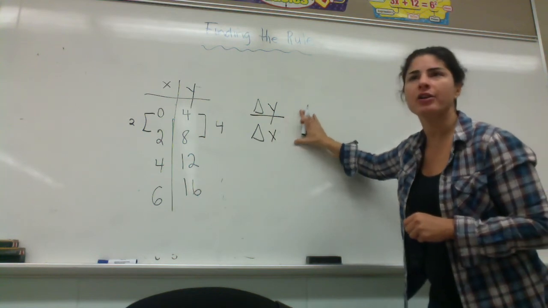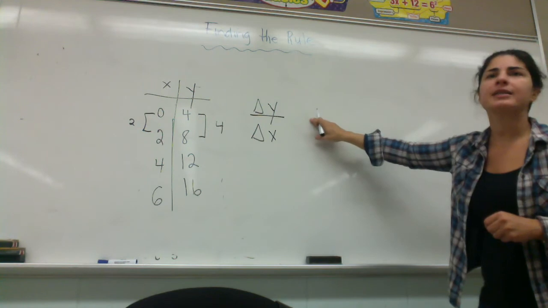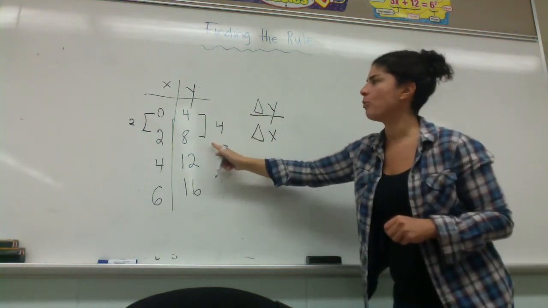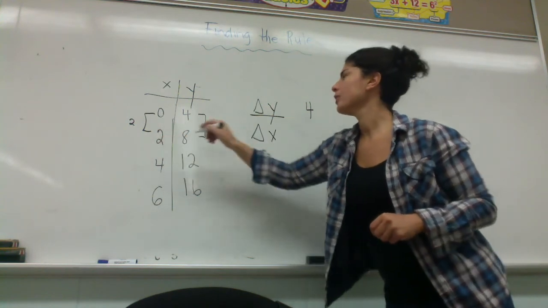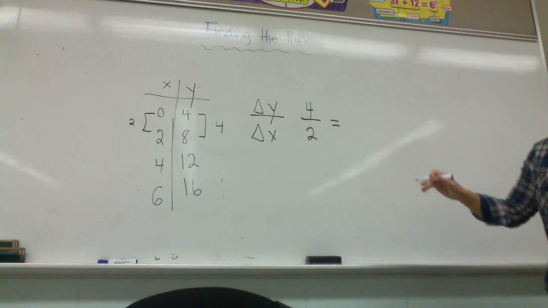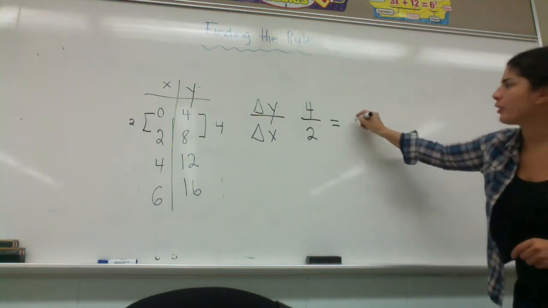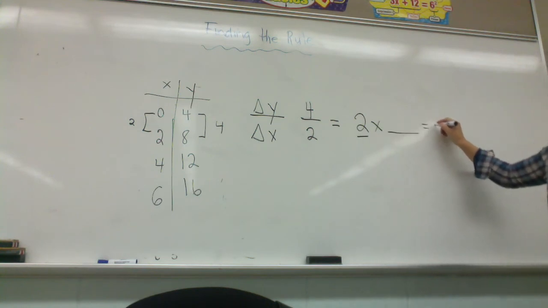Don't let this scare you. What it means is, what did y go by? 4. What did x go by? 2. So what's the common difference? This is where you get the common difference of 2, and then you write 2x equals y.